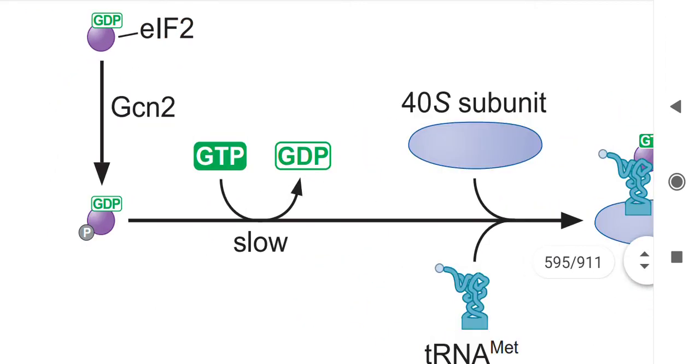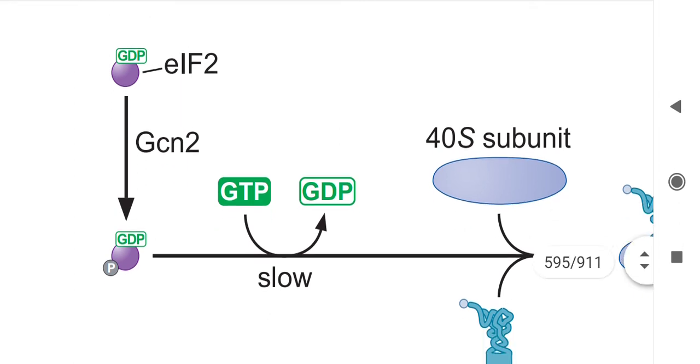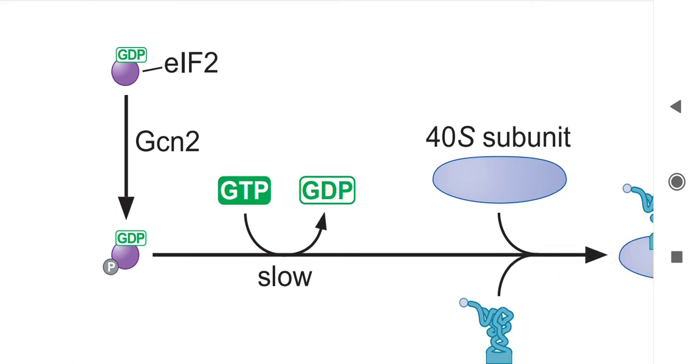See the EIF2. What is EIF2? Try to link it with the translation process. EIF2 is an initiator of translation in eukaryotes, and we are talking about yeast. It is also a eukaryote. So when there is low amino acid, EIF2 will be phosphorylated as shown here, and thus EIF2 is modified. It reduces the binding affinity with the ribosome.